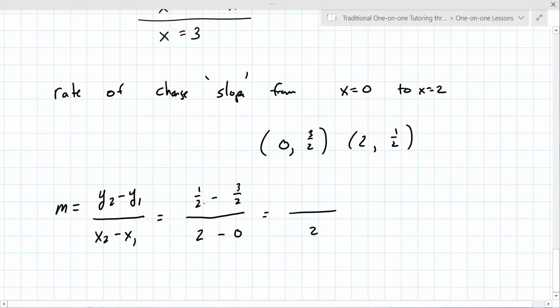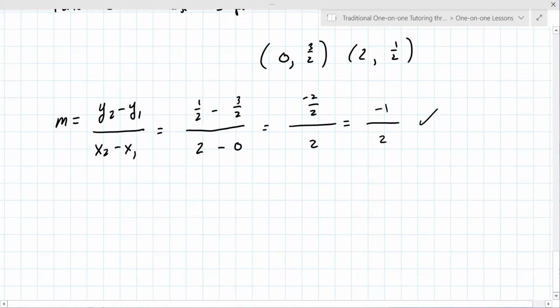They've got the same bottom, so what do you do to the top numbers? Subtract them. Okay, so what is 1 minus 3? Negative 2. So you have negative 2 over 2, so then negative 1 over 2. Yes. Great. Negative 1/2.